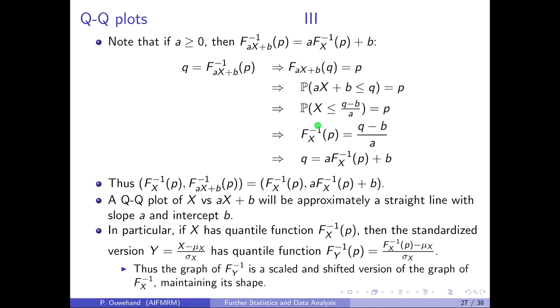That says that the CDF of x evaluated at the point (q - b)/a is equal to p, and therefore the quantile function of x evaluated at p is equal to (q - b)/a. When we rearrange this, we see that q is equal to a times the quantile function of x evaluated at p plus b, but q started off being the quantile function of ax + b at that point, and therefore these two values are the same.